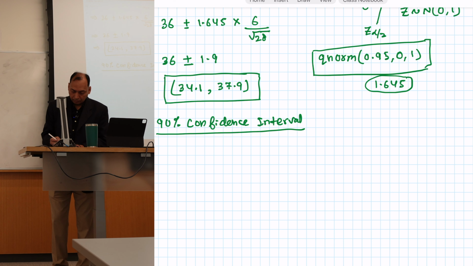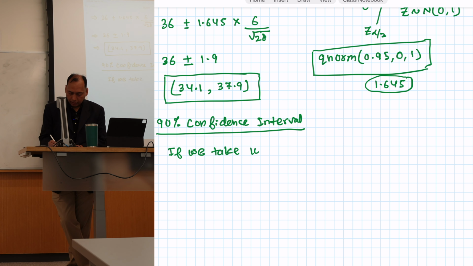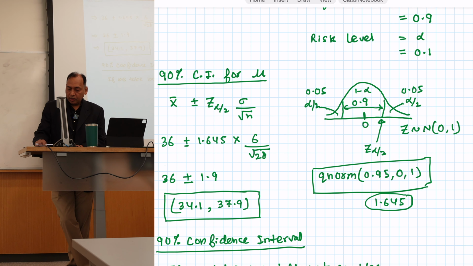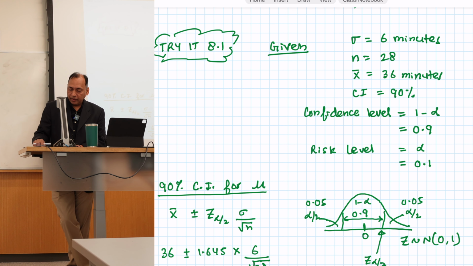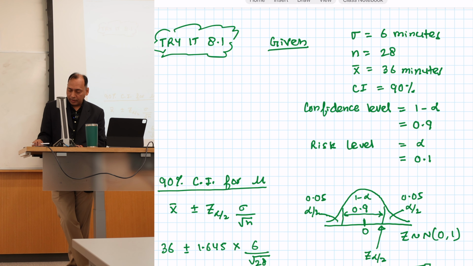So it means if we take 100 different samples, because this is just one sample of 28 restaurants. 28 restaurants, you have taken one sample.